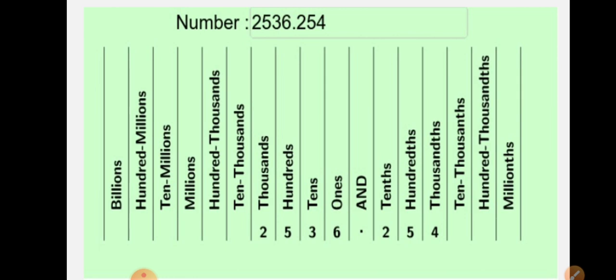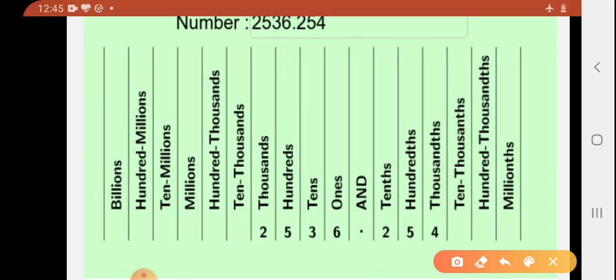Next question is, what is the place value of the numbers in a decimal number? The integral part's place value is the same as in the number system. Here 6 has the place value ones, 3 has tens, 5 has hundreds, and 2 has thousands.